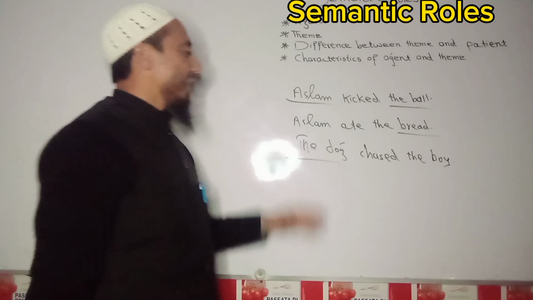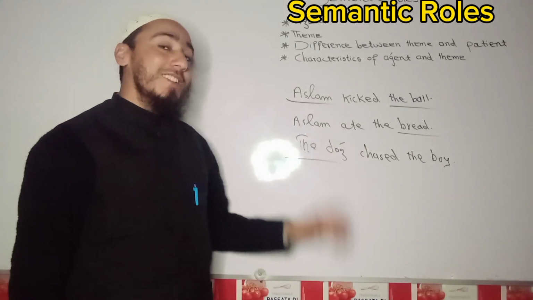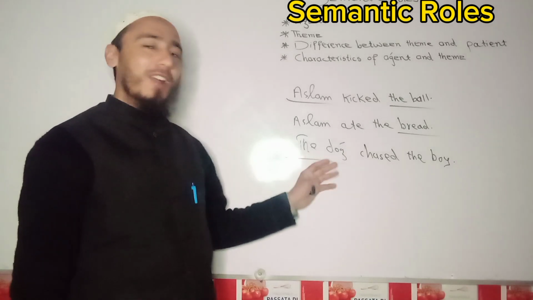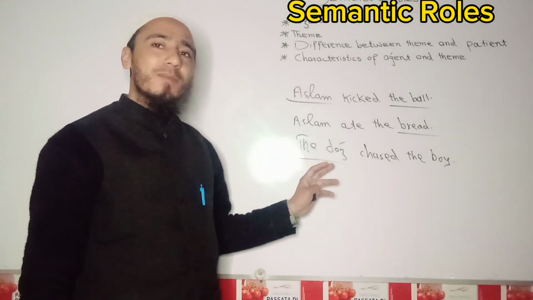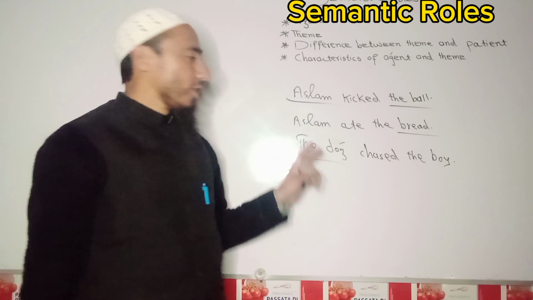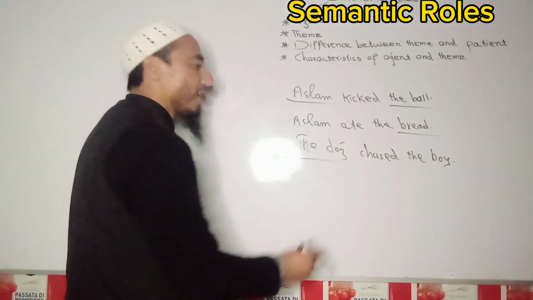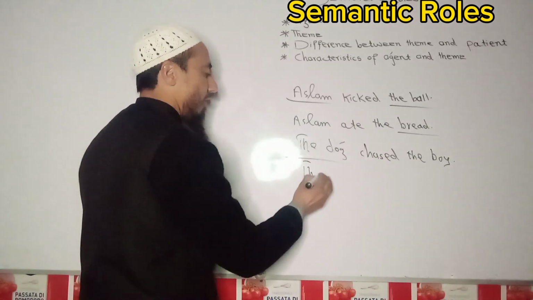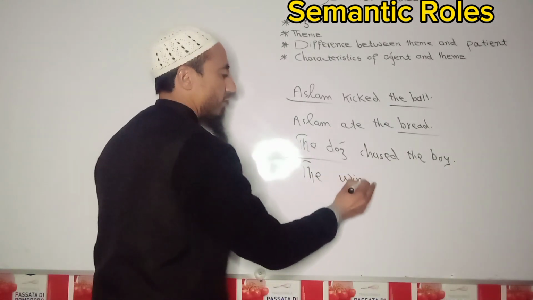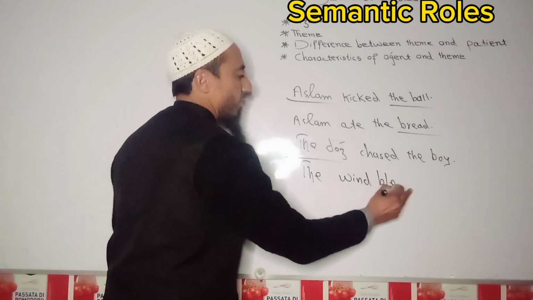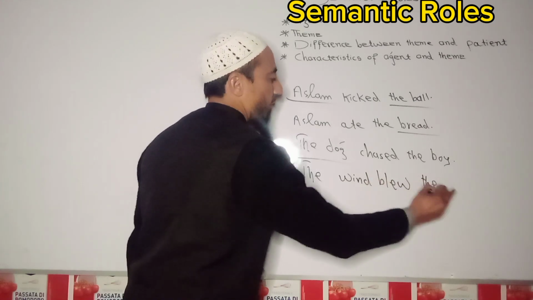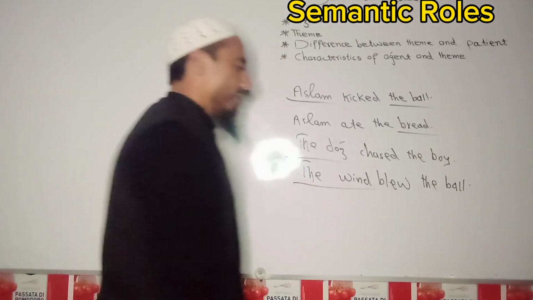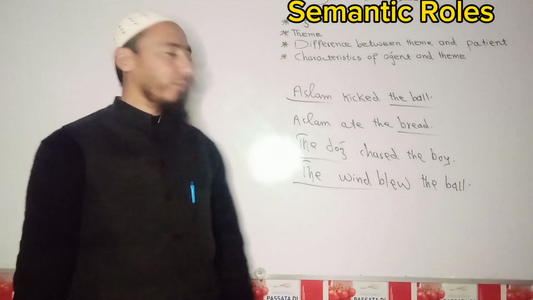Here the dog means that the agent can be non-human. So here the dog is the agent. Same is the case, it can be a non-living thing, like the wind blew the ball. In this example, you see the wind is a non-living thing.